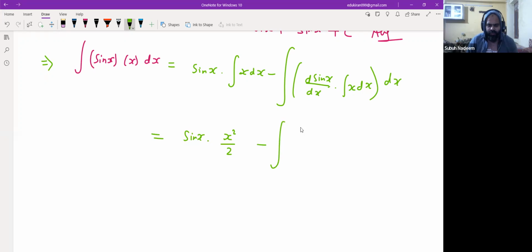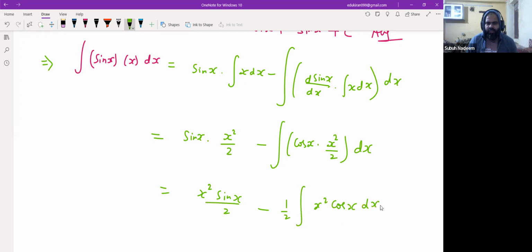And here the derivative of sine x will be cos x, and the integration of x will be x square by 2. So this is x square sine x by 2 minus 1 by 2 outside, x square cos x.